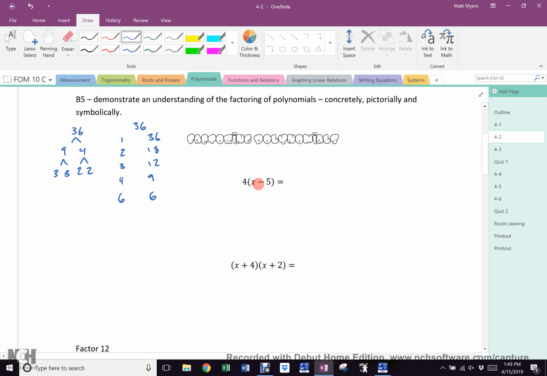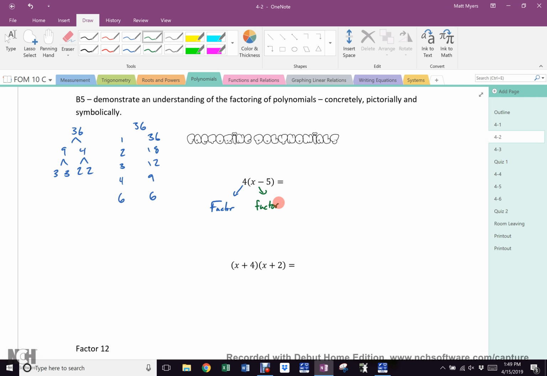Everybody cool? So if this number 4 is multiplying by x minus 5, and x minus 5 is in brackets, doesn't that make this 4 a factor? And doesn't that make this x minus 5 a factor? So, of course, here we have 2 factors, right?